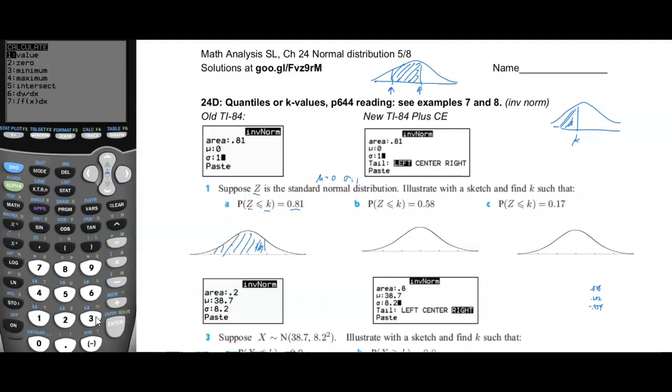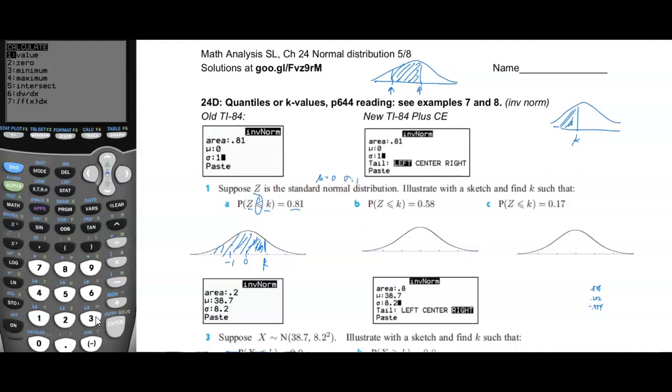So 0.81 would be a really big probability, and I'm going to say it's below this K. And yeah, that's right. The probability that the Z variable is below this K, I drew it correctly, right? And then I'm going to figure out what this K value is, assuming that the mean value is 0 and the standard deviation is 1, right?